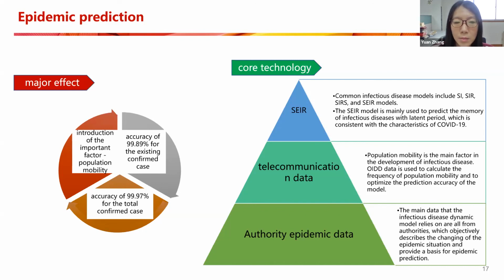The common models include SI, SIR, SIRS, and SEIR models. The SEIR model is mainly used to predict the spread of infectious diseases with latent period, which is consistent with the characteristics of COVID-19. We have achieved an accuracy of more than 99% for existing confirmed cases, and also more than 99% for the total confirmed cases.